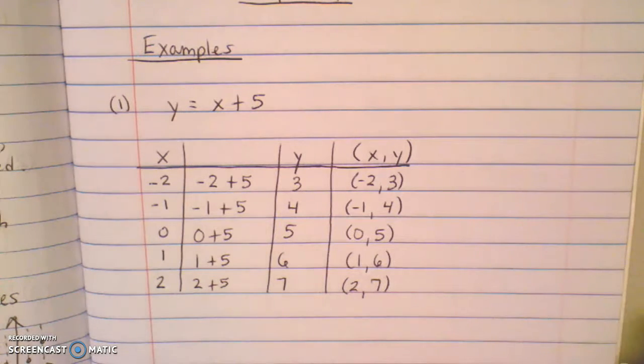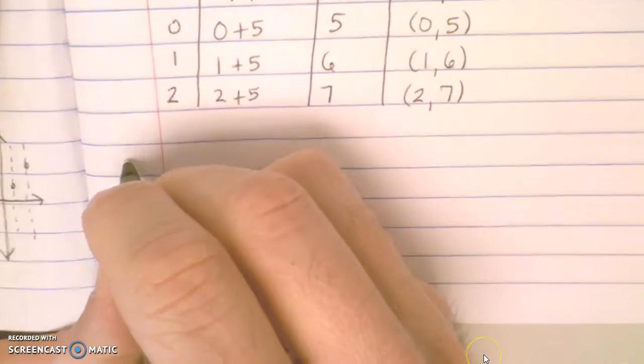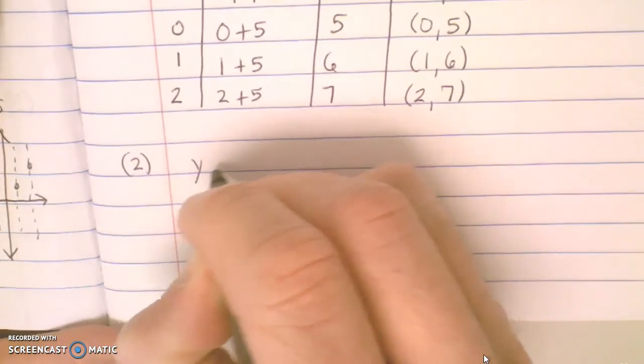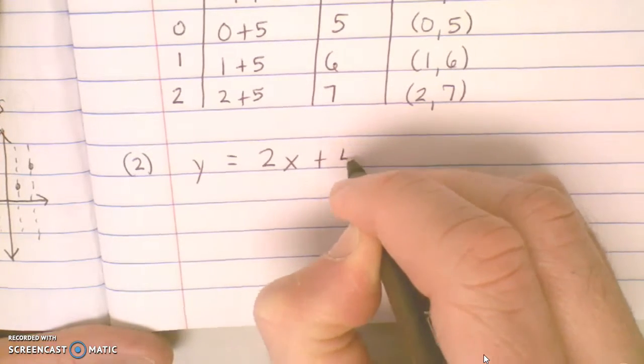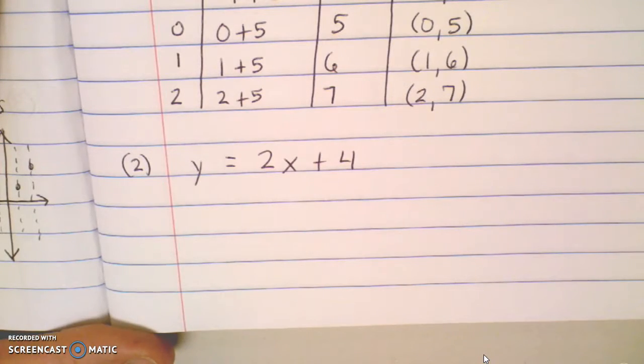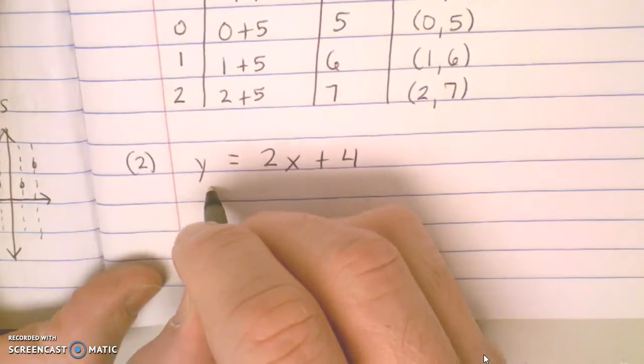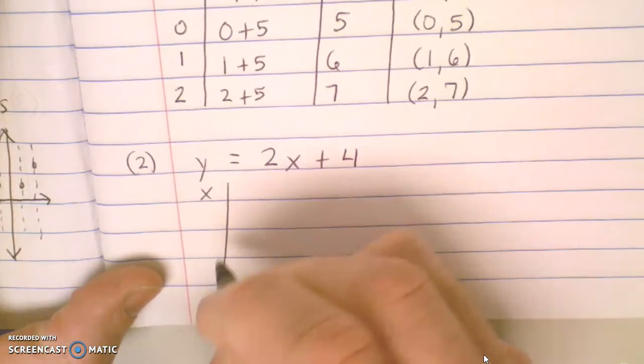Let's look at a little bit harder of a rule. All right, so let's say our rule this time is 2x plus 4. So we'll make our same table, and we'll leave some space to do the work.